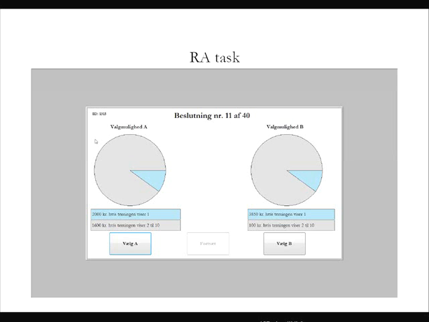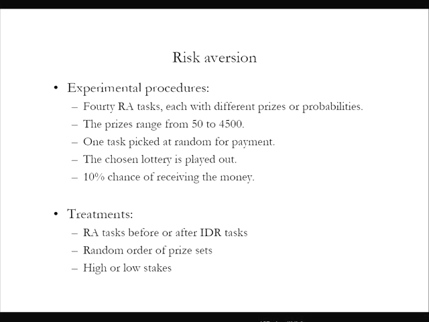For the risk aversion task here, this was really just to control for the concavity of the utility function. So we don't have many treatments in here. We have the risk aversion task before or after the discount rate tasks. We provide a random order of these price sets to subjects, and then we have high or low stakes.